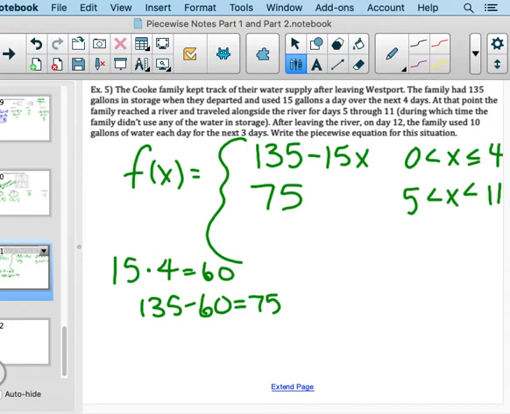Then I have the idea that I'm using 10 gallons per day. Okay. But what should our starting point be? I'm using 10 gallons on day 12 through day 14.